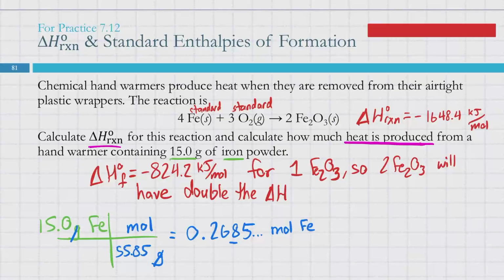It's not Q equals mcΔT. So yeah, we're going to use the delta H and the 4 Fe. Because we found the standard enthalpy for the reaction, we can convert from mole equivalents, so whatever the coefficient, in this case 4 moles of Fe in would correspond to this amount of heat out, the negative 1600-ish kilojoules.